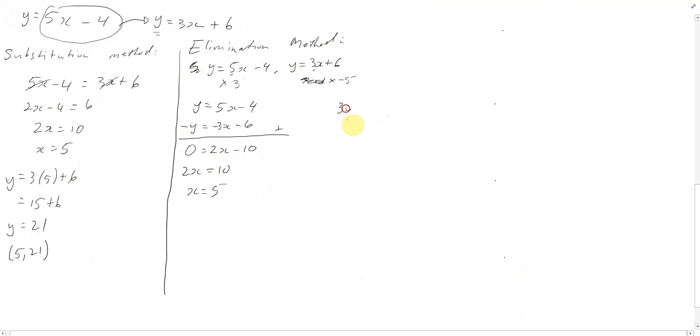gives 3y equals 15x minus 12. And this one by minus 5 gives us minus 5y equals minus 15x minus 30. So let's add these together.